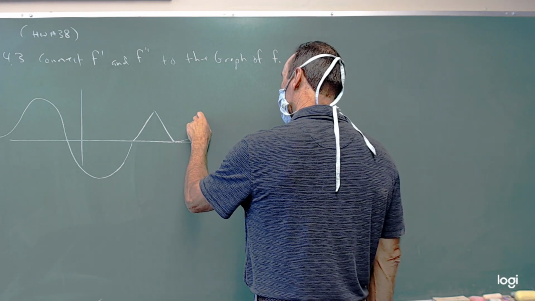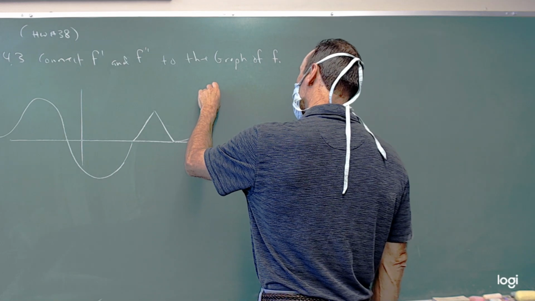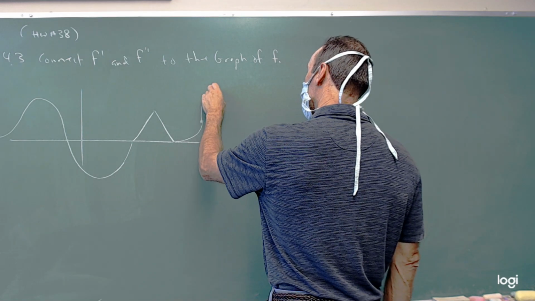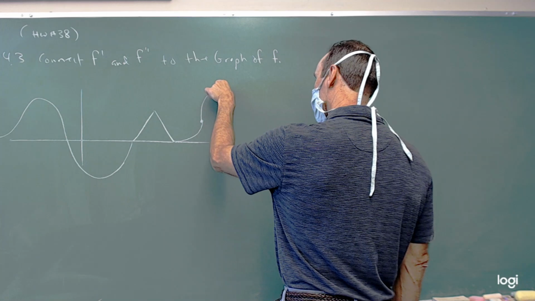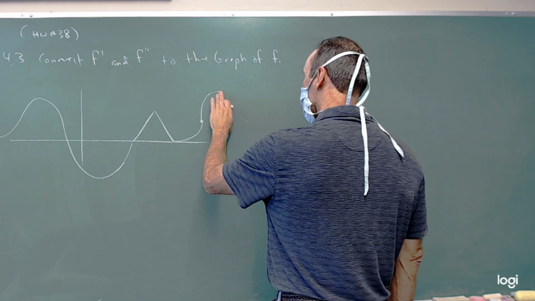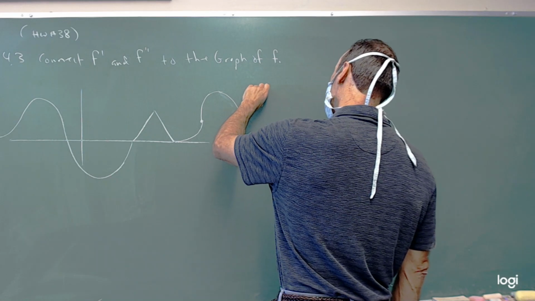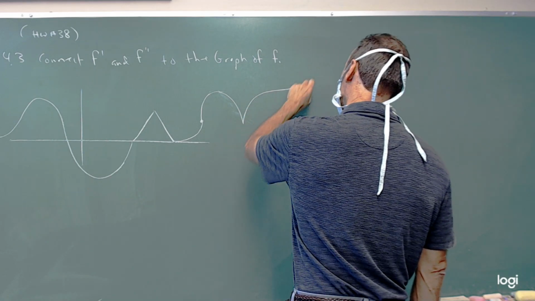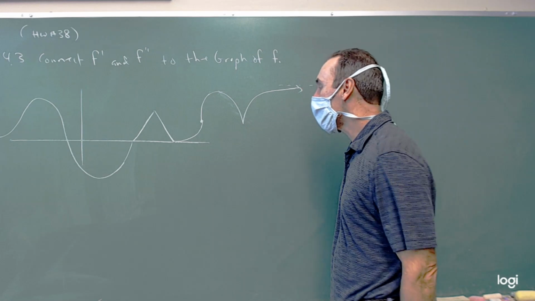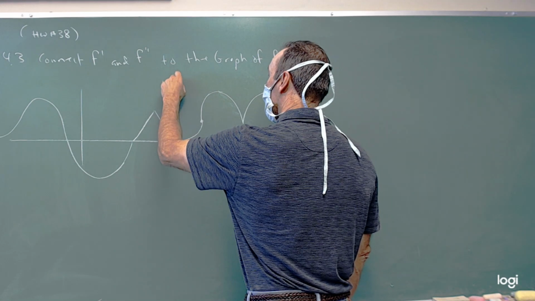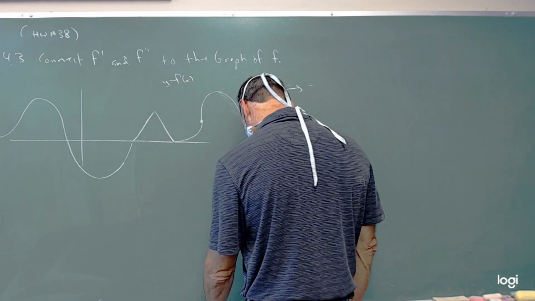Maybe something come down like a cusp. I think we're approaching some asymptote. So here's f.